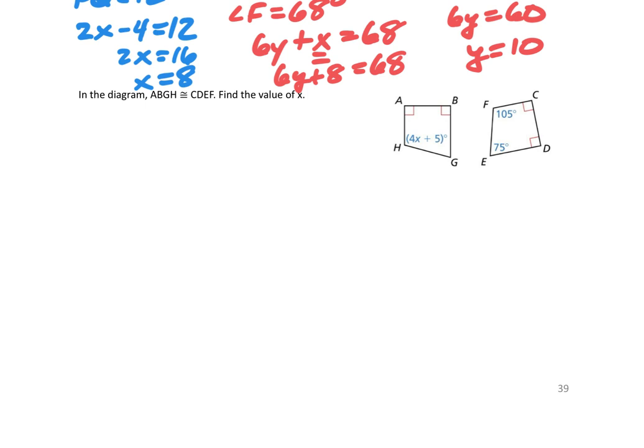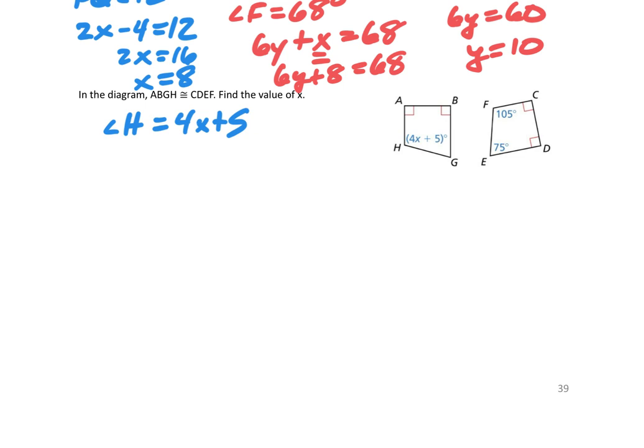If it's a side, then a side is probably going to be labeled, like if I said this is 4y, then I'm going to probably put the side on the outside, okay? The angle is usually going to be on the inside of the figure. So maybe not always, but typically, the real key here is that it's degrees. Degrees means it's an angle. So which angle does 4x plus 5 represent? Angle H. Angle H equals 4x plus 5.